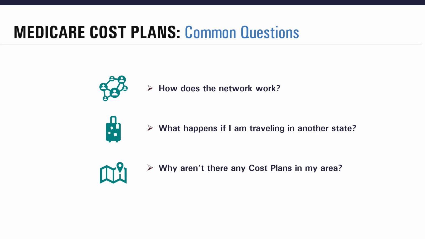So why aren't cost plans in my area? Well, Medicare cost plans are only available in certain parts of the country with a low membership in Medicare Advantage plans. Remember, they can only have 2 Medicare Advantage plans in a market for them to be able to come into that market as a Medicare cost plan.